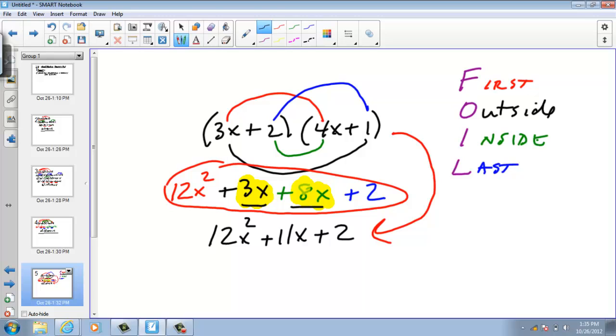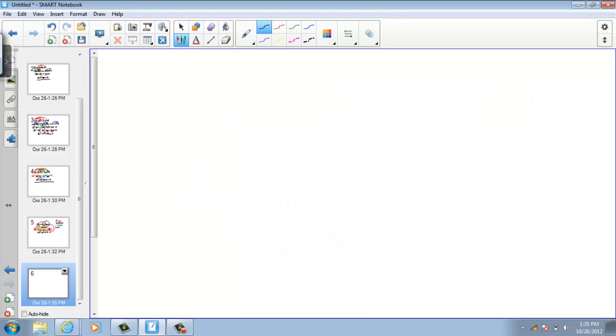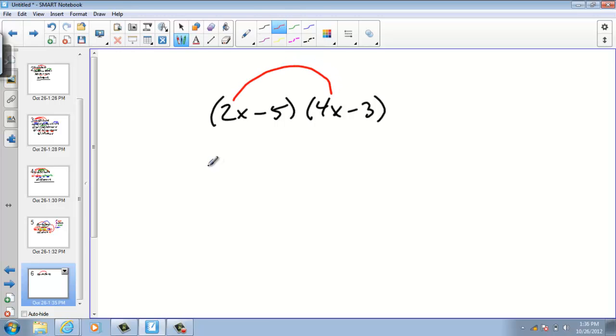Let's try another example. Let's try 2x minus 5 times 4x minus 3. And again, let's FOIL. Product of the first terms, 8x squared. Product of the outside terms, minus 6x.